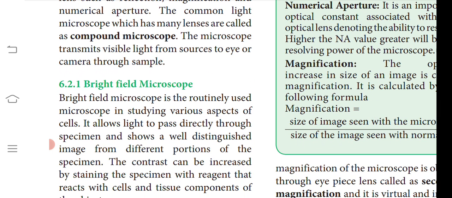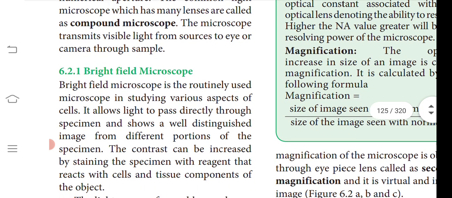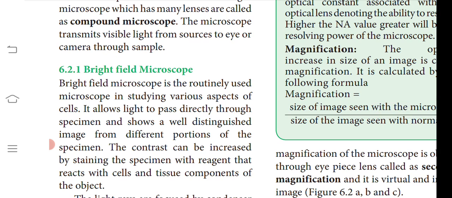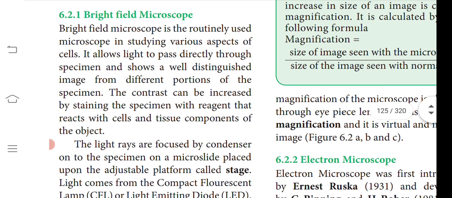In the common light microscope, light falls onto the mirror, which in turn is reflected for us to view the objects. The light microscope which has many lenses is called a compound microscope. First the image is magnified, and furthermore it is magnified again; that is what is called the compound microscope.